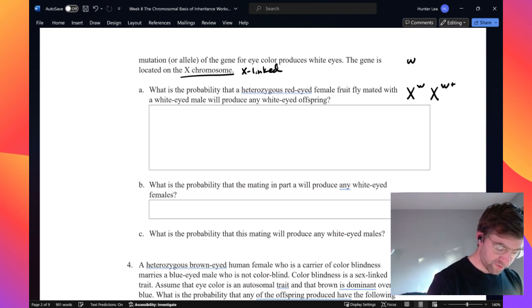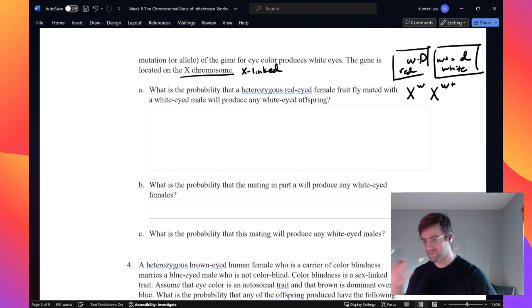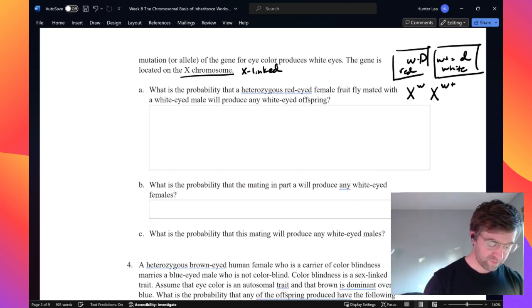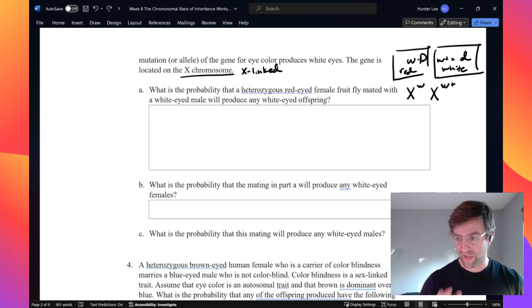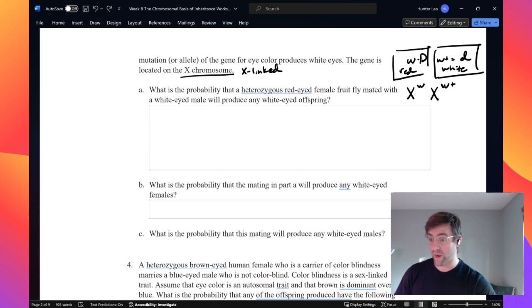We're going to say that W would correspond to the dominant gene, so that would be our capital letter. And W plus corresponds to our recessive gene. And so here we have kind of a key for how we're talking about this. So this W right here is for the red, the dominant, and this W plus is our white mutant.